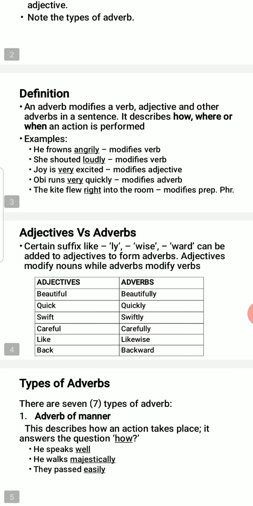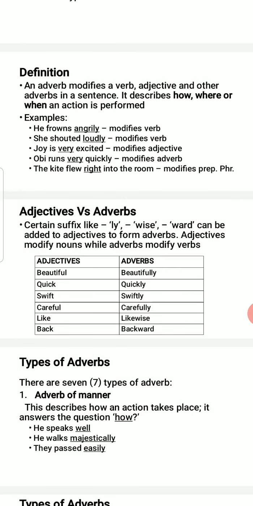I have some examples here, which I am going to use to buttress my point. In the first sentence here, we have, he frowns angrily. Angrily is the adverb, and it modifies the verb frowns. She shouted loudly. Loudly is another adverb, which modifies the verb shouted. Joy is very excited.